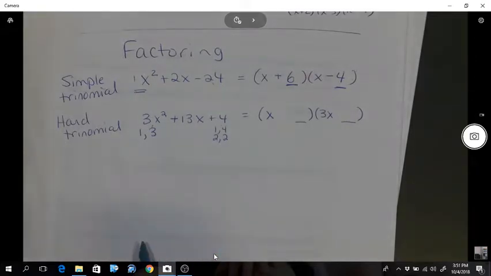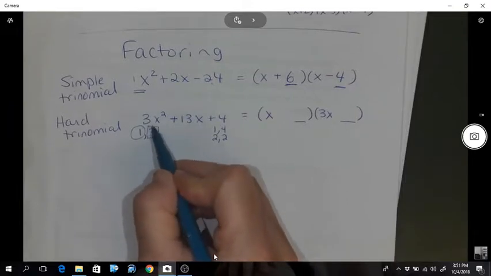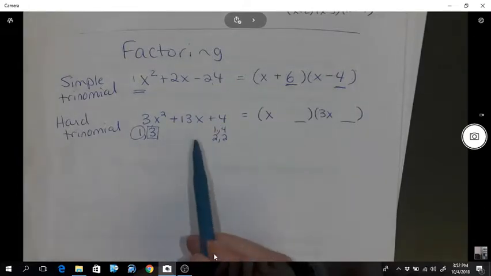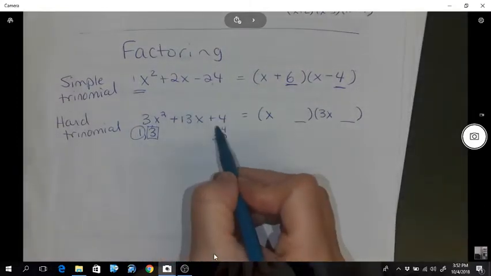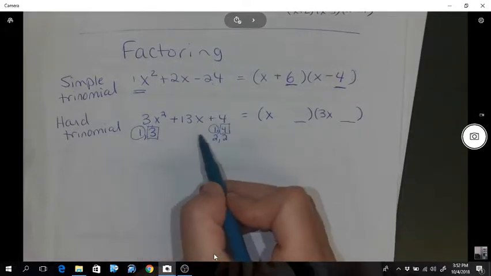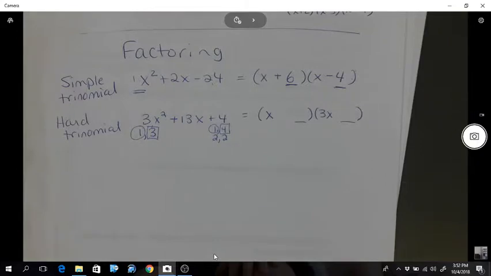I need a combination to get me 13. So I already know I'm picking this combination, right? There's only one choice there. What combination can you see over there that's going to get you a combination of 13? Do you see it? I'm going to put the 1 with the 1 and the 3 with the 4, because I'm going to see a 1 and a 12 to make 13.